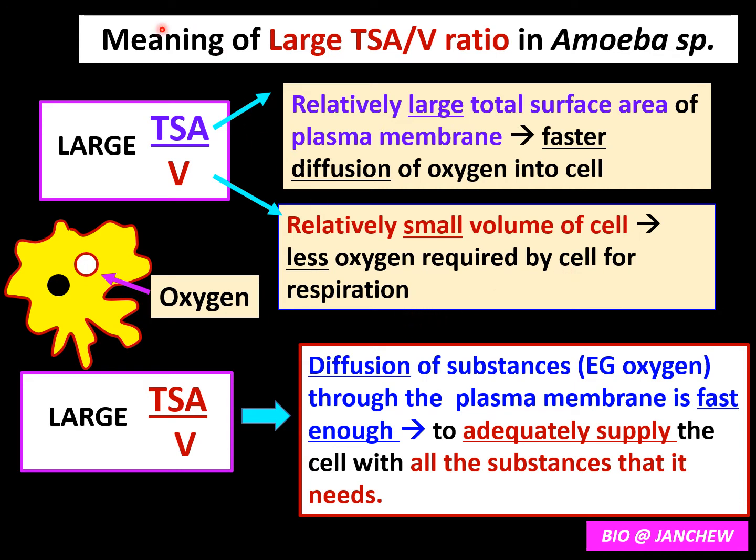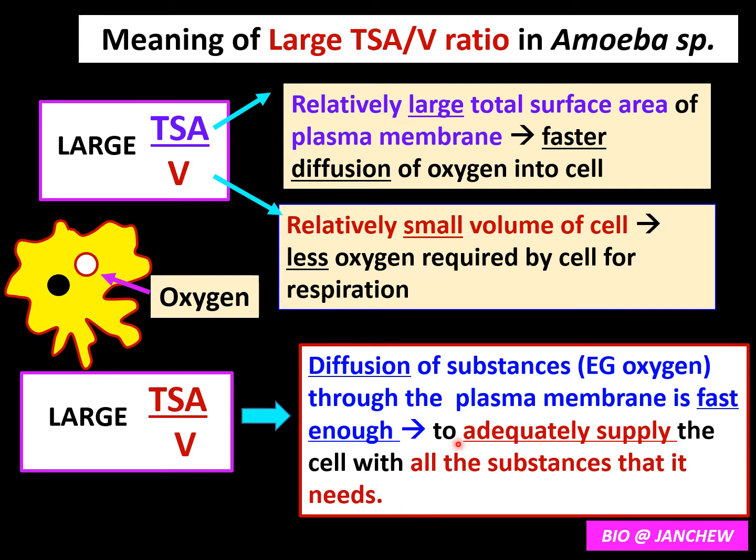Okay, so we combine these two parts together. The large total surface area to volume ratio results in this: the diffusion of substances such as oxygen through the plasma membrane will be fast enough, because of its relatively large total surface area of plasma membrane, to adequately supply the cell with all the substances that it needs, because it has a relatively small volume, so it doesn't need a lot of oxygen.